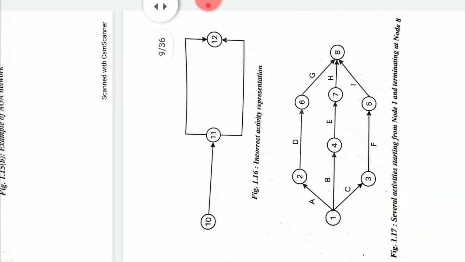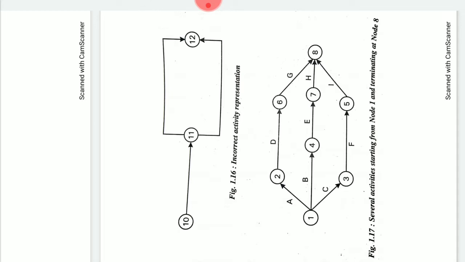So you can observe here in figure 1.16, as I told you, activities are always represented just over the arrow. Whatever the activity is, it is written just over the arrow mark, but nodes are indicated by the circles which are shown in figure 1.16.